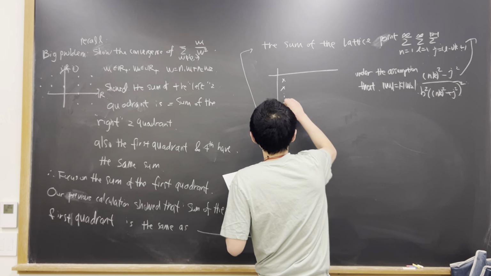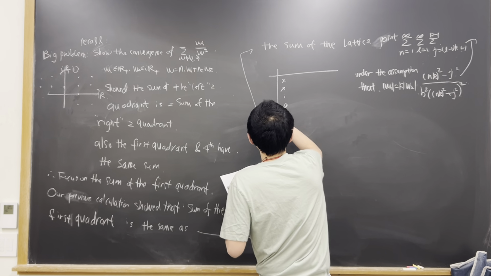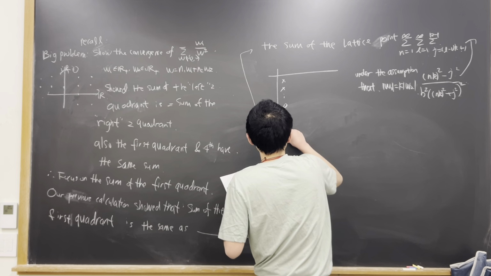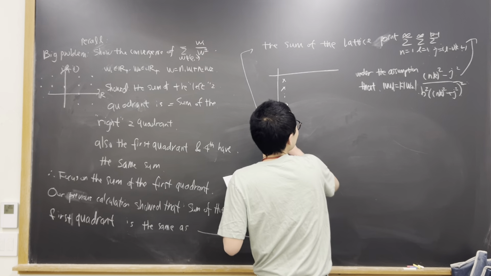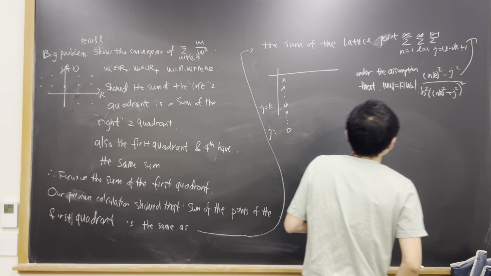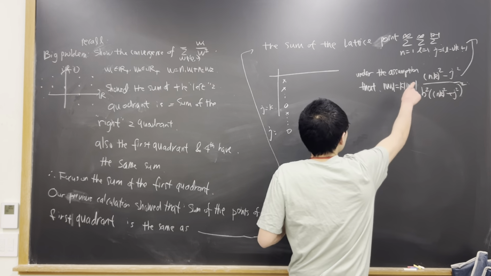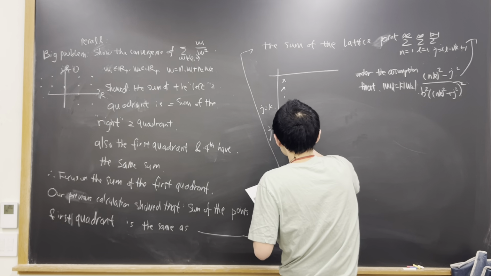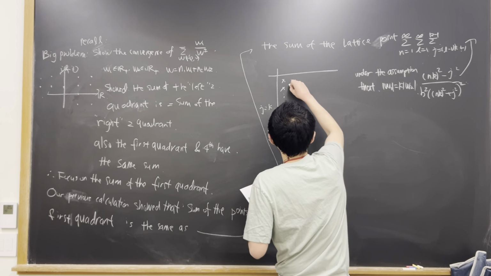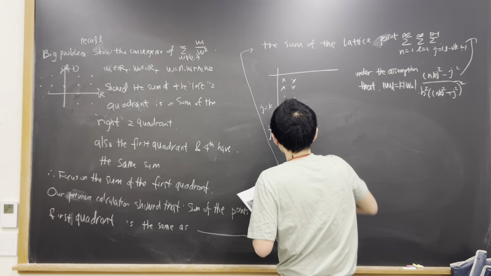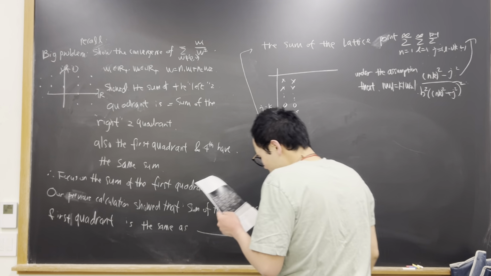So this is like k, this is like j equal to k, and so on all the way through here.